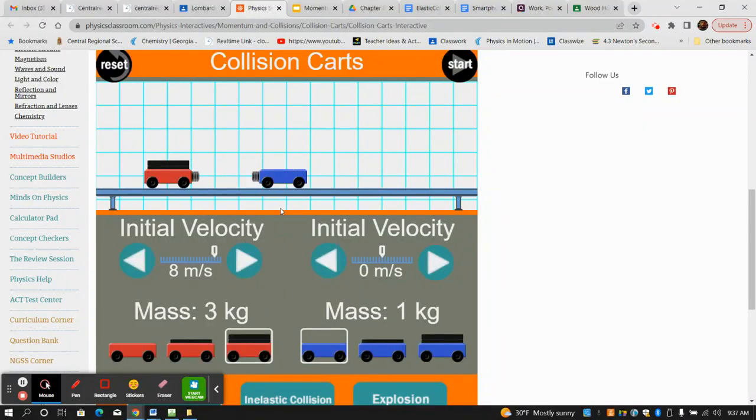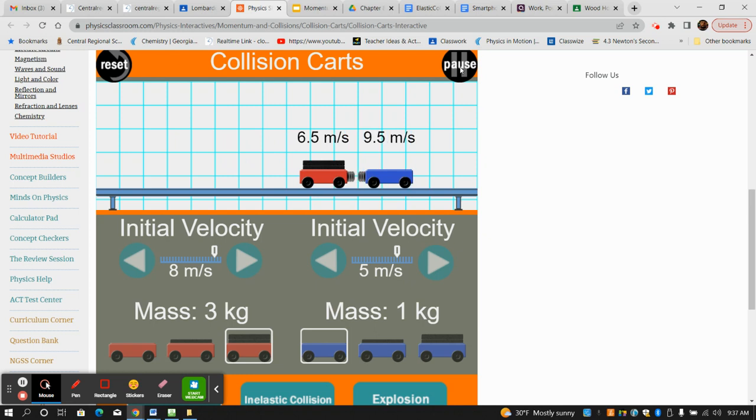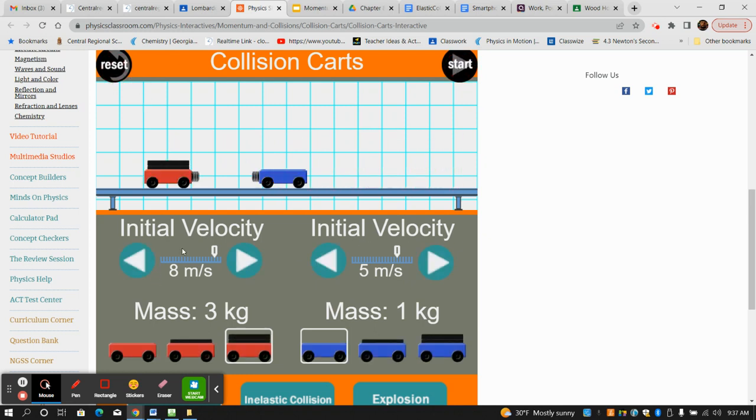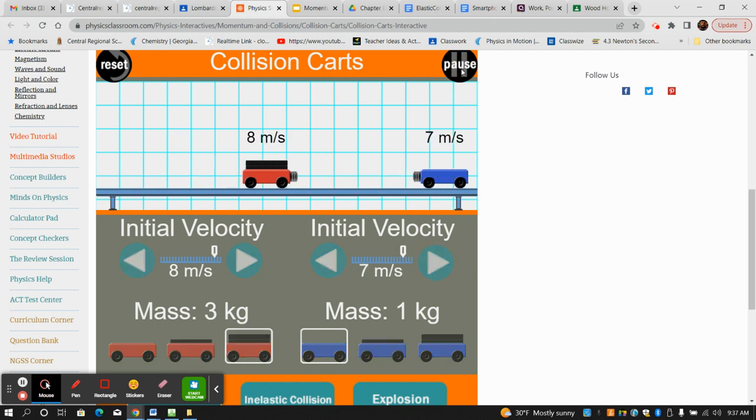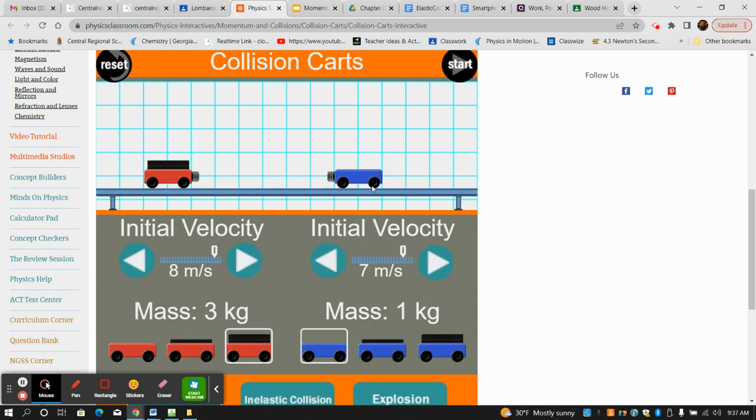So, for example, if this was 5, see how it catches up? Boop, and you get a change here. You don't want to make this like 7 and have the blue car all the way out here because, well, technically you could, it just doesn't look as cool.